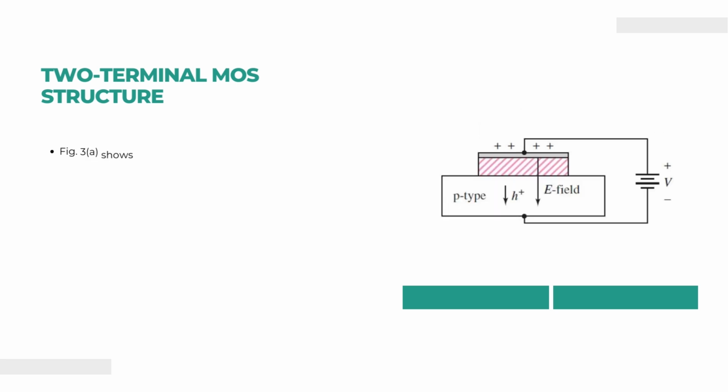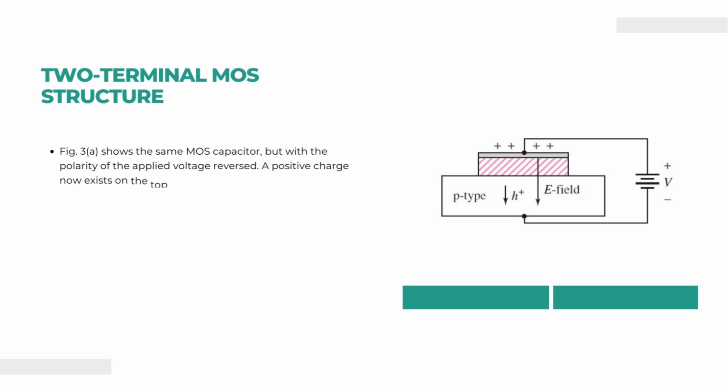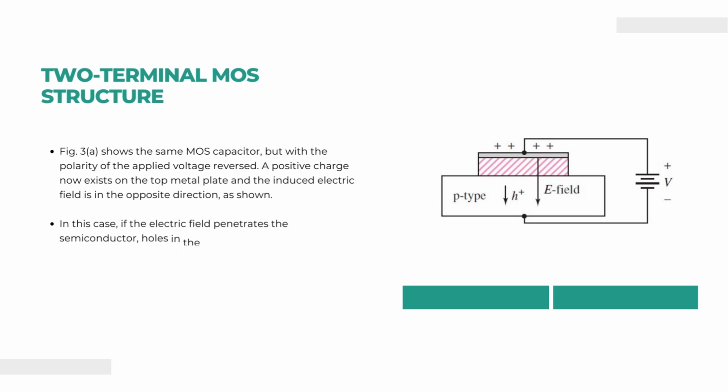The MOS capacitor with a p-type substrate is shown again, but with the polarity of the applied voltage reversed. Now, a positive charge exists on the top metal plate and the induced electric field is in the opposite direction, as shown in figure 3a.